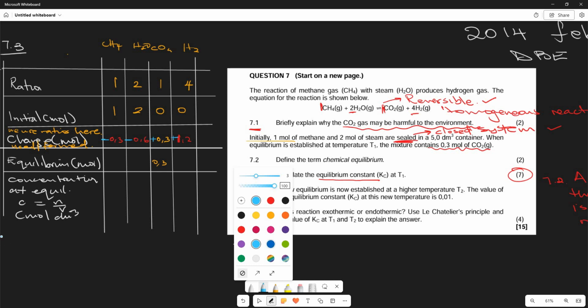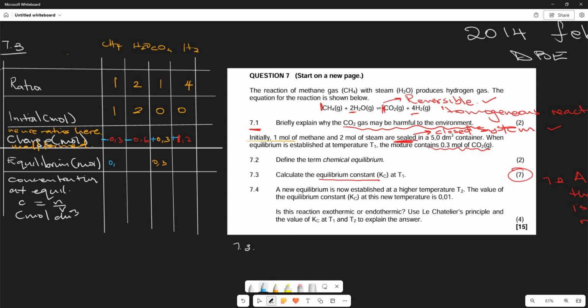As I add the numbers going down, I'm going to be left with 0.7, and here it's 1.4, and here it's 1.2. Note, the minuses, I use them because I want to know how much is left after so much has been used. So now I have the number of moles at equilibrium.